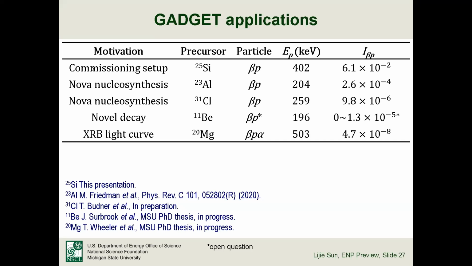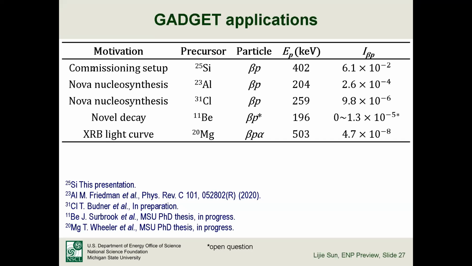So we initially decided to use this case to commission our setup. Then we study the performance of our detection system well. Then we can go into the more challenging astrophysically open questions for aluminum-23 and chlorine-31.